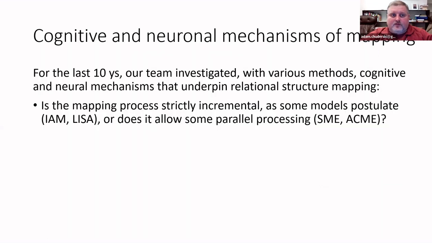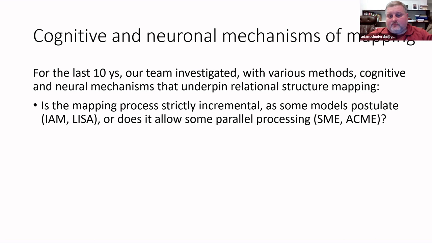So our team investigated for the last 10 years what cognitive and neuronal mechanisms of relational structure mapping can look like. We use various methods, various tasks, but the general focus was generally the same.